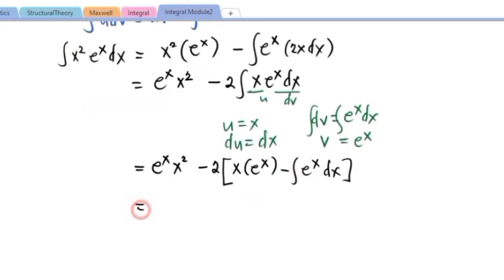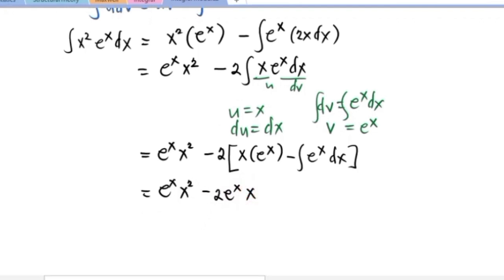So we would have e to the x multiplied by x squared minus 2 e to the x multiplied by x. So negative times negative, so that's positive 2 integral of e to the x dx.